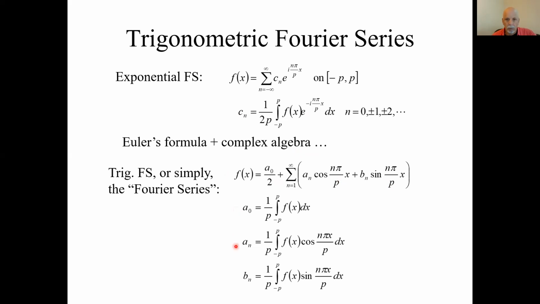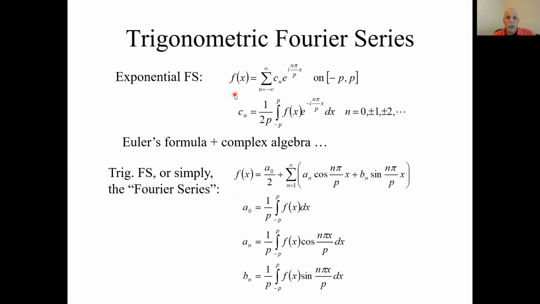And I would have the formulas for these little a's and b's. Here are those formulas. So this is the trigonometric Fourier series, which is really the same thing, but expressed differently. And this might be what you've already seen.